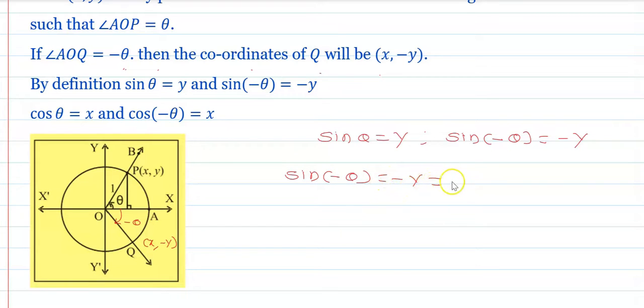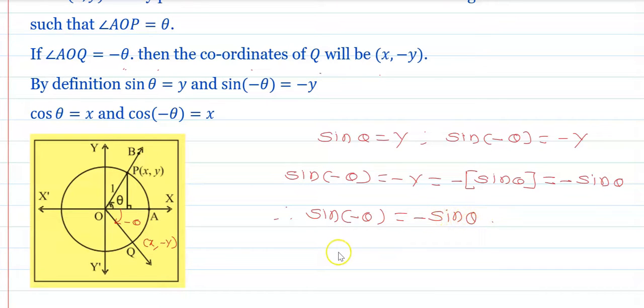Now this can be written as minus, in bracket, the value of y. What is the value of y? The value of y is sin theta, and the bracket is completed, and that is equal to minus sin theta, and hence sin of minus theta is equal to minus sin theta.